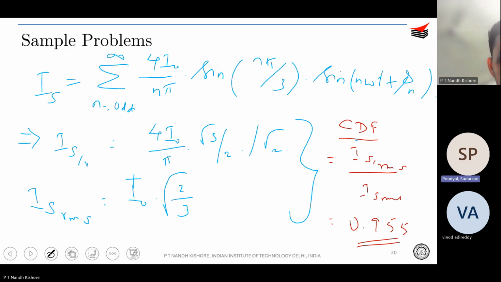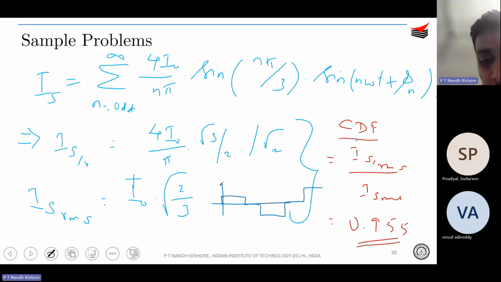Okay. So your iS was something like this. For this kind of a waveform, this is 120 degrees, 180, and this is 360.